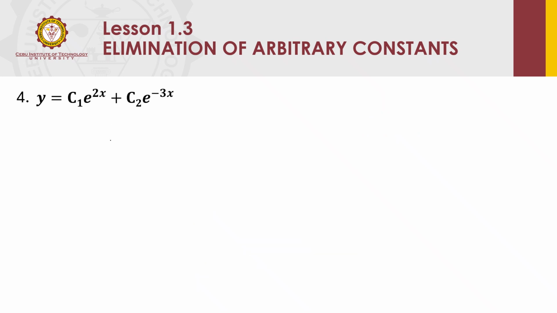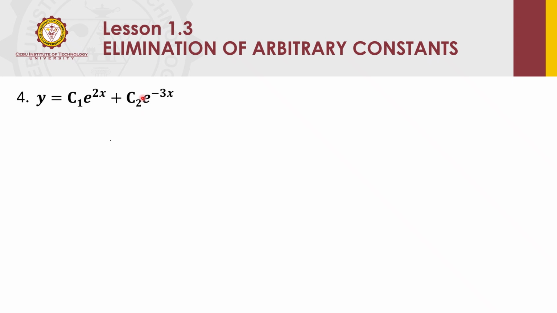For this general solution, we have two arbitrary constants. So we cannot just easily isolate them and then perform differentiation, because we have, as you can see, exponential functions. But definitely if we're going to differentiate each term here, the same exponential functions would be present, right?